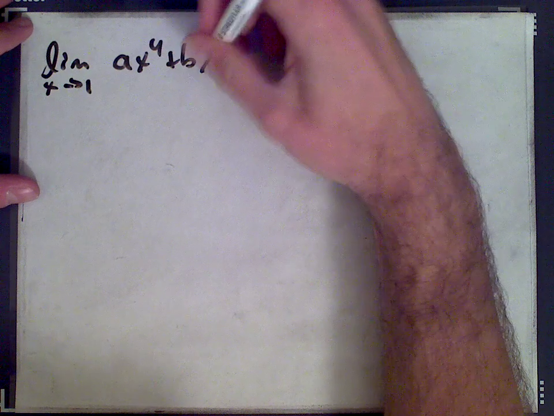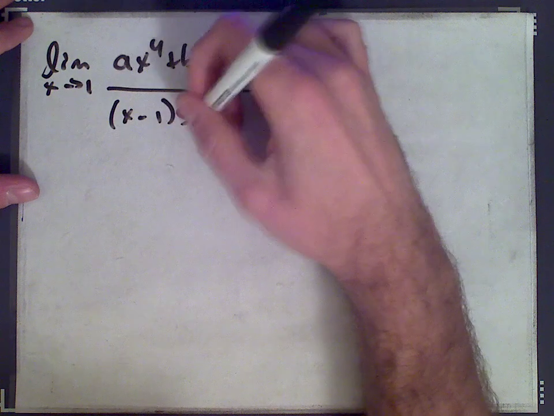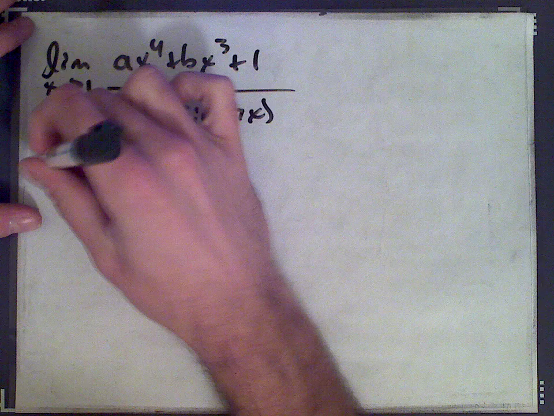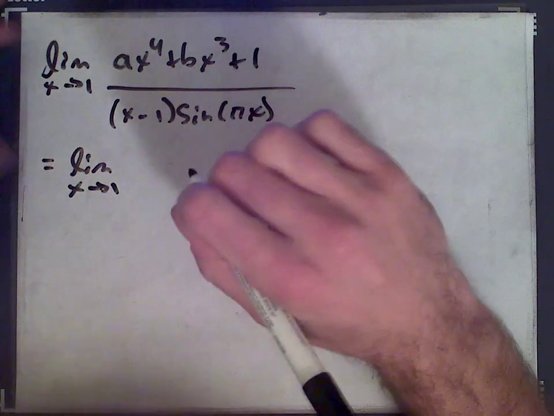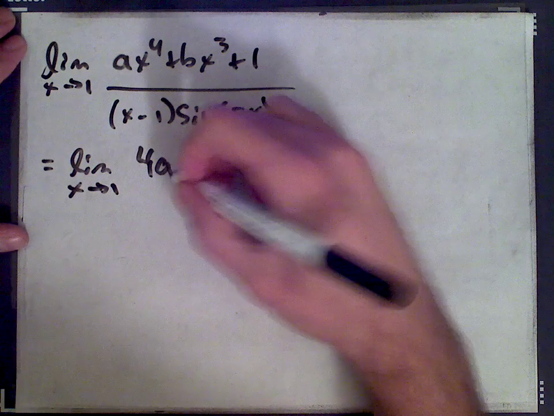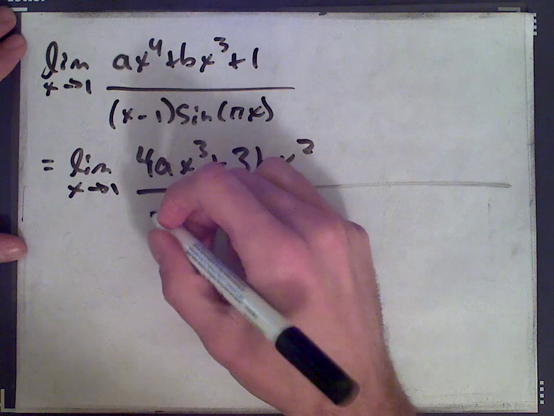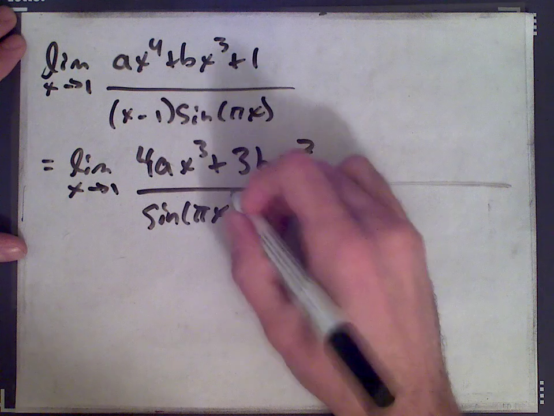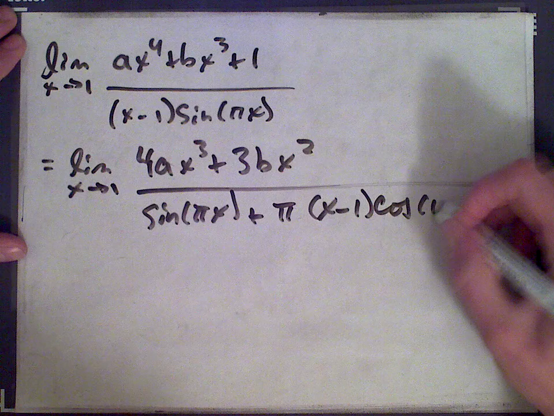So we had our limit after L'Hopital's rule, and at the same time, I'm going to fill in the values of a and b. We get a times x cubed, sorry, 4a x cubed plus 3bx squared, divided by sine of pi x plus pi times (x minus 1) cos of pi x.